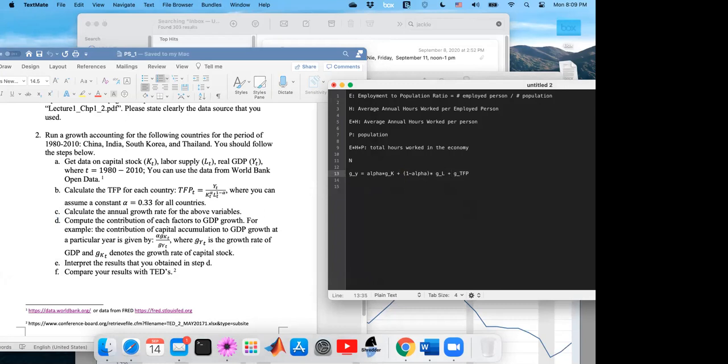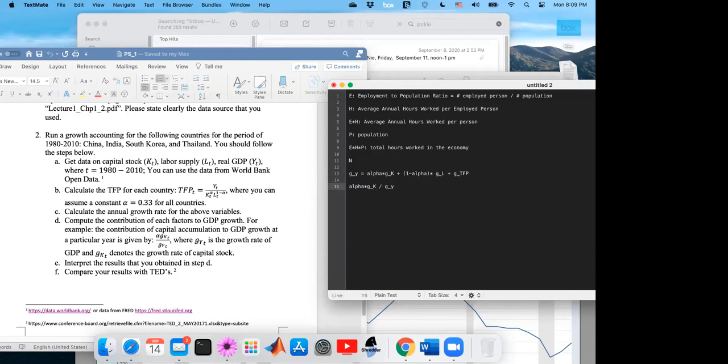Right? So that's what we just discussed in the first session today. And then step D essentially just asks you to find out what this number divided by G of Y is. And I just explained to you what this means, right?